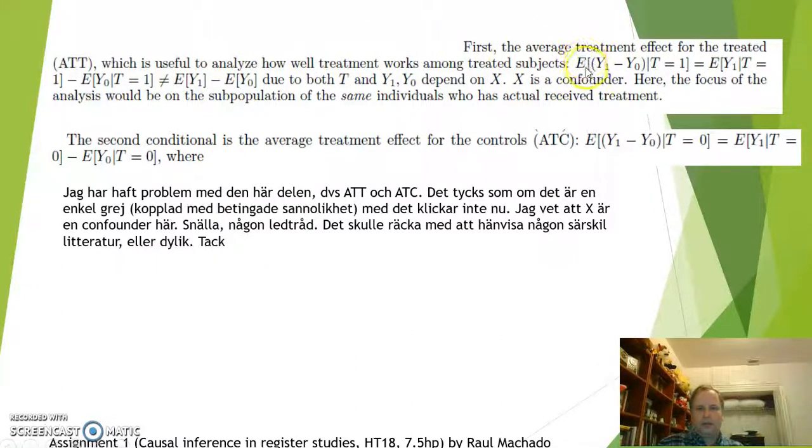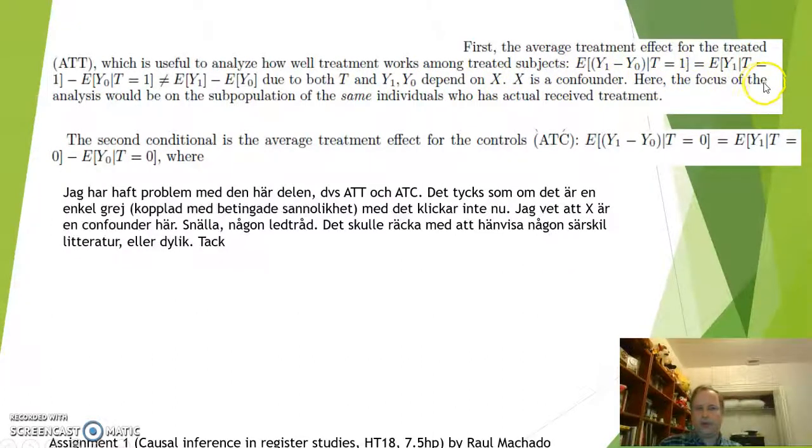Okay, so the expectation of y1 minus y0 given t equals 1 is not the same as the expectation of y1 minus y0, because both t and the outcomes depend on X, which is a confounder.